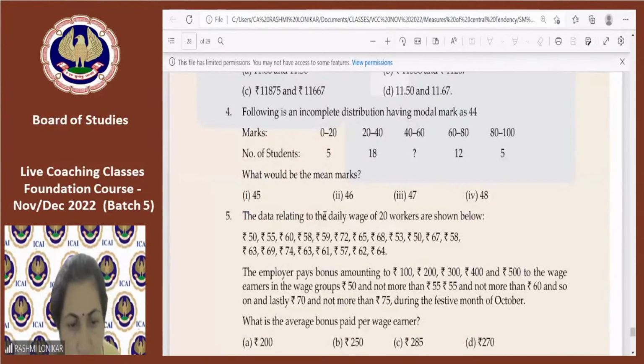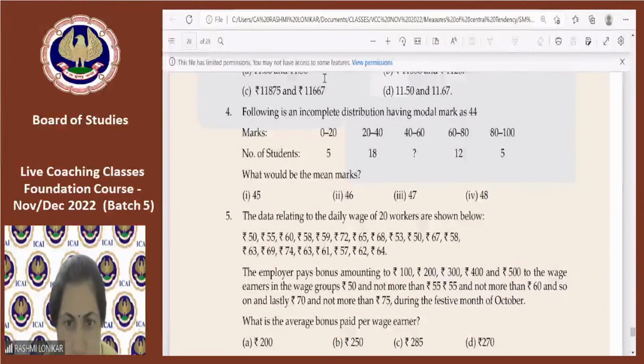Now the data relating to the daily wages of 20 workers are given. The employer pays bonus amounting to so and so to the wages earned in the wage group 50 and not more than 55, 55 and not more than 60, and so on, and lastly, 70 and not more than 75. What is the average bonus paid?